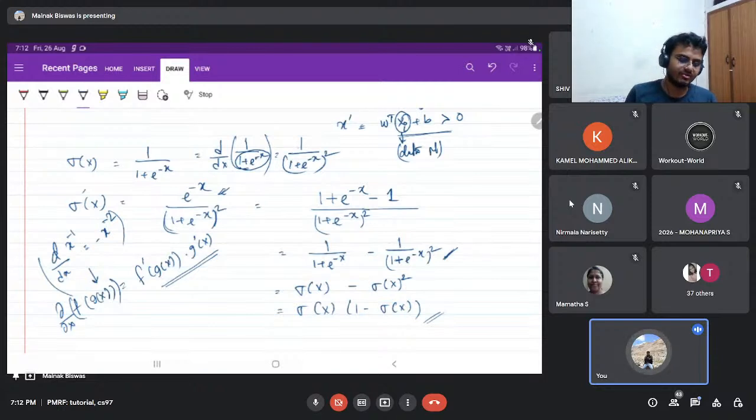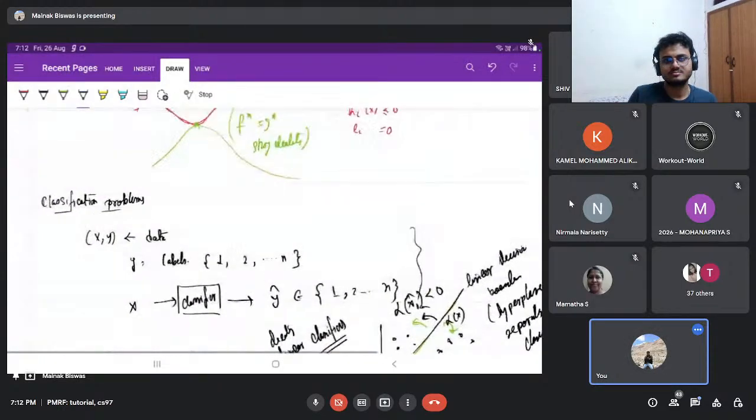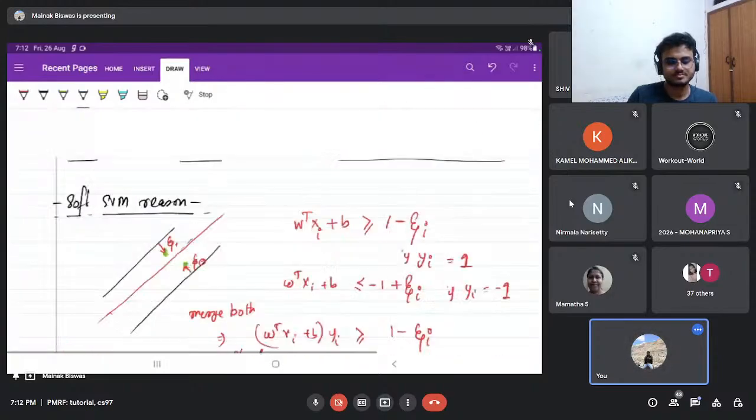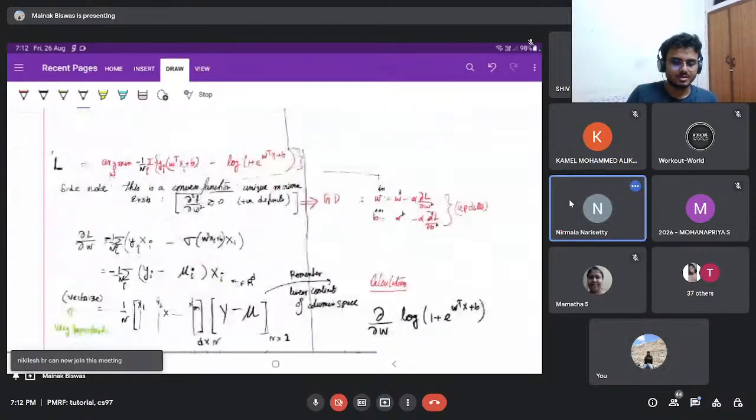You take the derivative of the outer function, then the derivative of the composition. Here the outer function is 1 by x, the inner function is 1 plus e to the power minus x. Taking the derivative of the inner function, you get minus e to the power minus x. So that's how you get the derivative. Is that okay? Nirmala? Yes, it's fine.